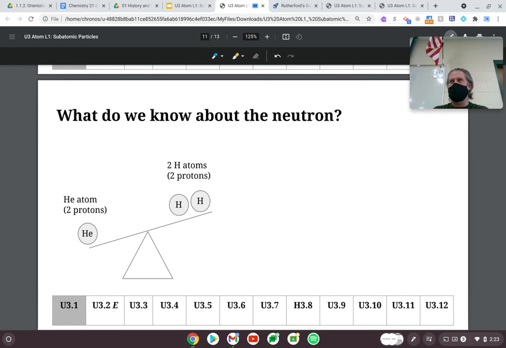Does that make sense? Because if each proton is 1 atomic mass unit, an atom with 10 protons would have an atomic mass of 10. And an atom with 3 protons and an atom with 7 protons should have the same mass as the one atom with 10. And what we noticed was that was not entirely true.